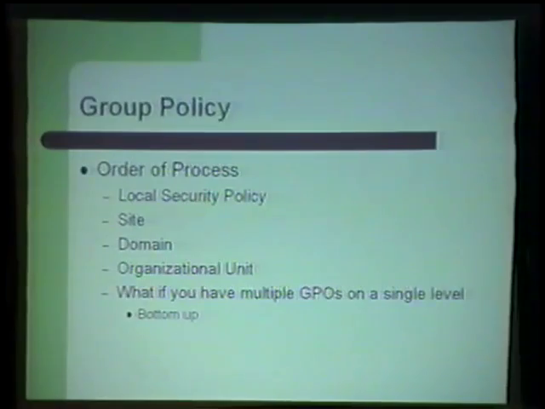So the most tricky thing about group policy that I found is how to realize what policies are actually being applied. And the question comes up, in what order does it apply it? If I have, for instance, created my password policy and thrown in some other policies and I apply it to my domain, or I link it to my domain as the term is called. But then I create another one and I link it to my site.